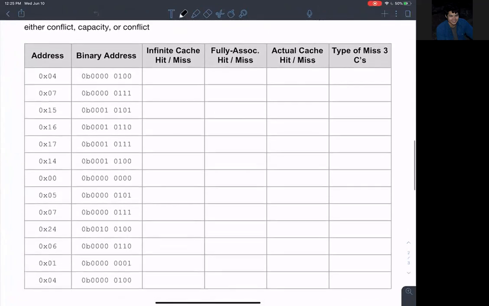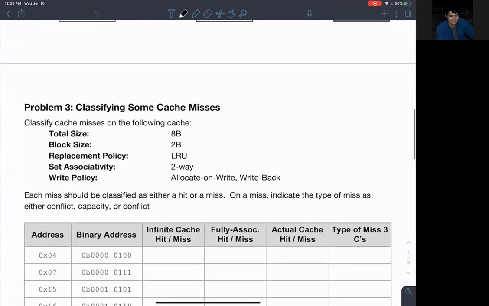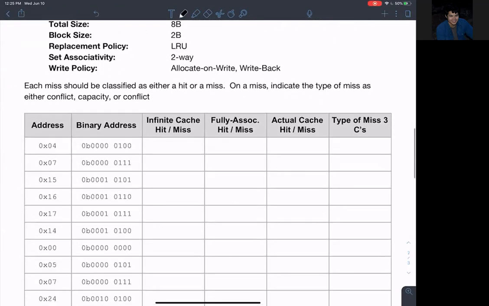So we have infinite caches and we have hits and misses. So we know that our block offset, we did this question earlier, for a fully associative cache of this type, assuming that we don't have our set index, is 1, right? So that means our tags are just going to be the upper 7 bits of our 8-bit addresses. So for our infinite cache, the first access has to be a miss because it's not in the cache.